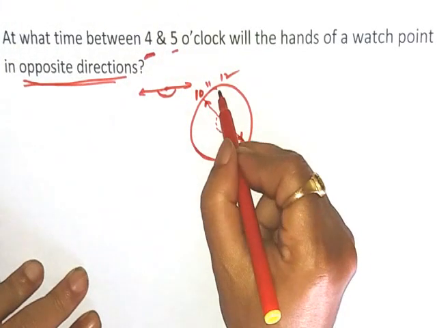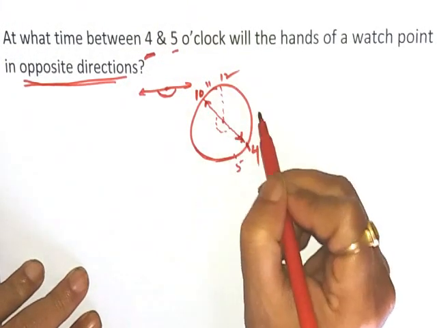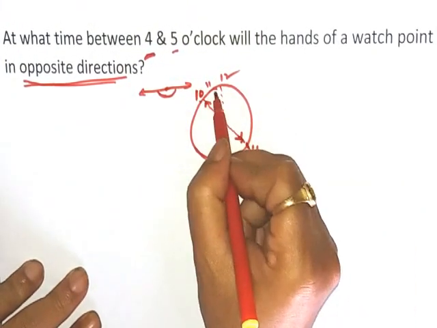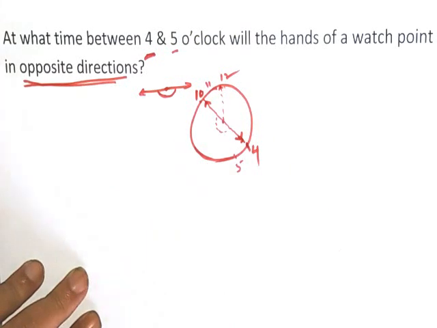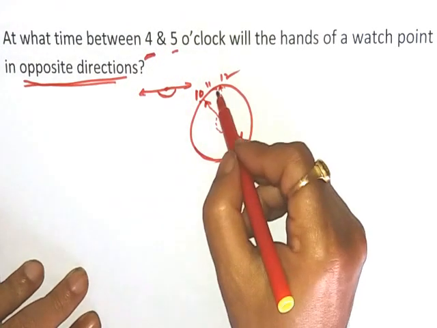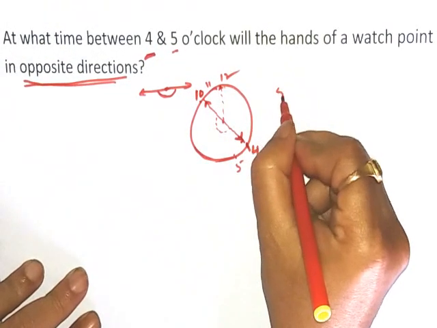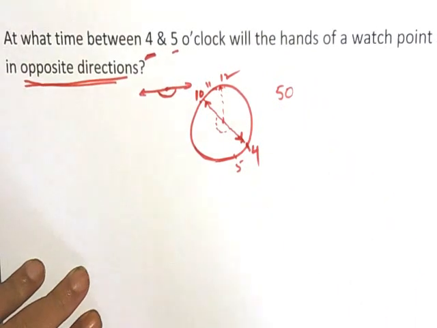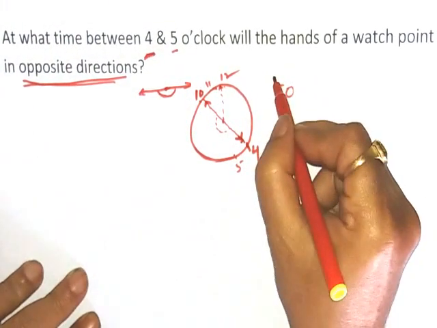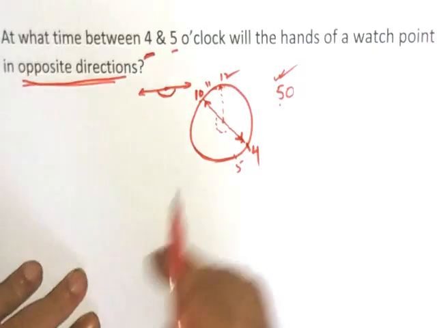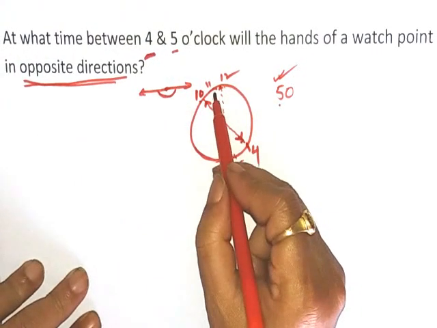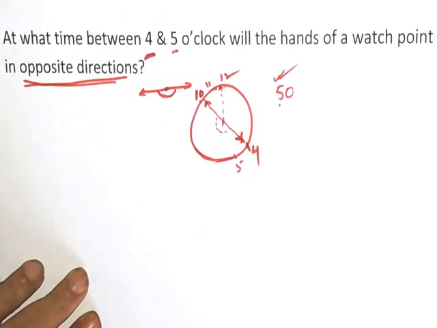So again the question of this minute needle, which has now reached 10, it started from 12. That means how many minutes did it travel? It traveled 50 minutes. So look, this is the time of a minute needle that traveled to become in opposite direction.